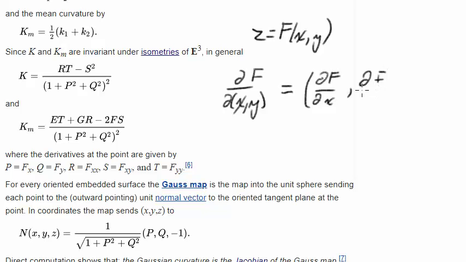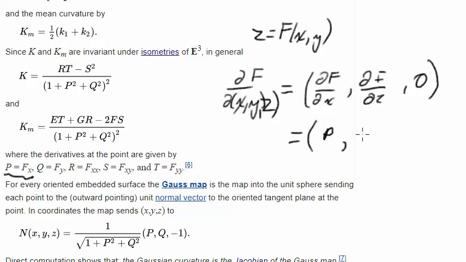You could put a z in here, but that would just be 0. So that is what's defined down here as p equals f sub x and q equals f sub y. So I'll just go ahead and put that in there.